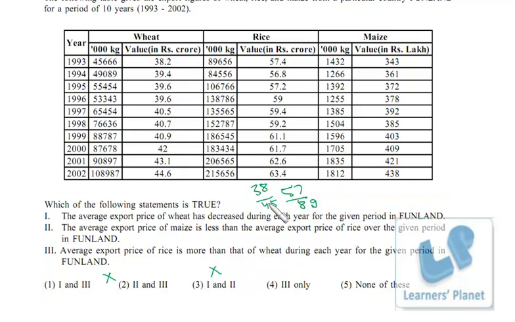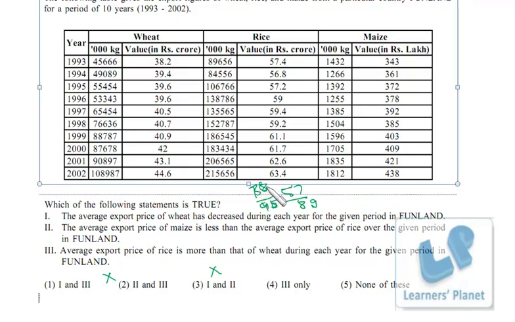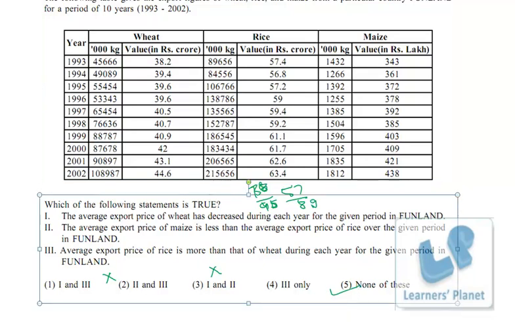If we compare both of them, to maintain the same ratio, if I make 45 double, around 90, then it must be 76, right? So this fraction is much bigger than this fraction. Even if you take the example of 93, the price of wheat is more than the price of rice, right? So the statement that the export price of rice is more than wheat is wrong. We just took 1993 as an example; we can check for others also. So all three statements are wrong. Okay, I hope you are clear.